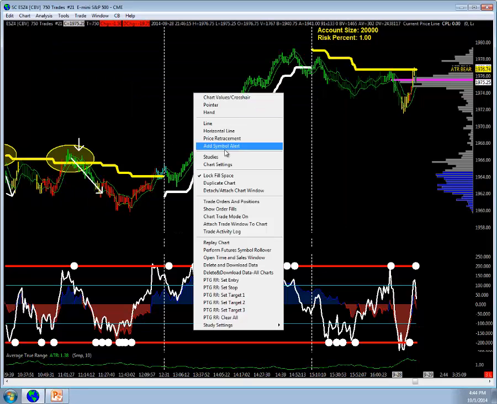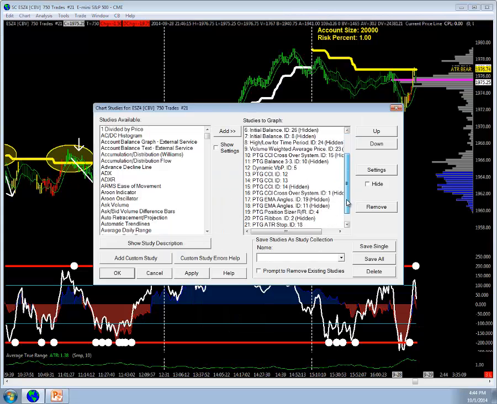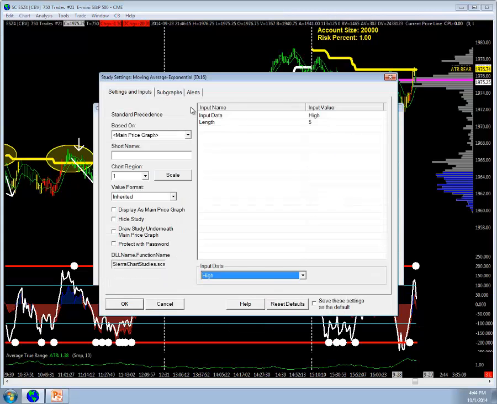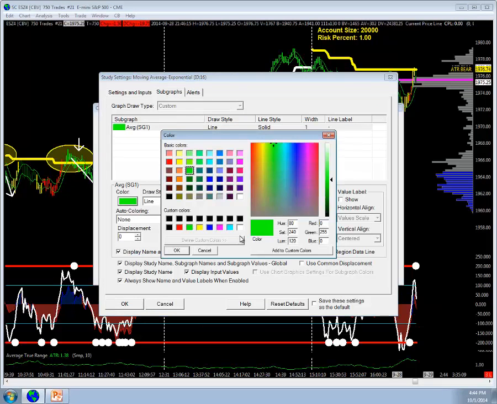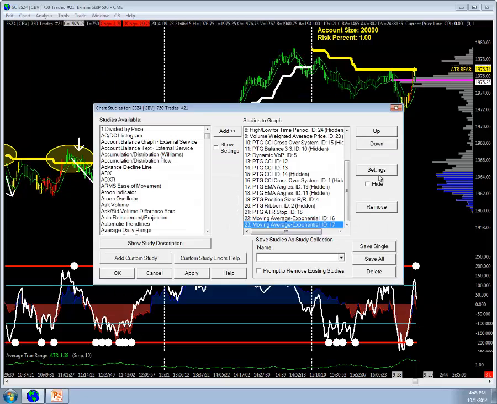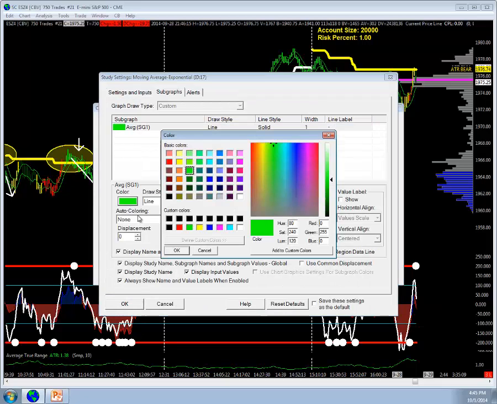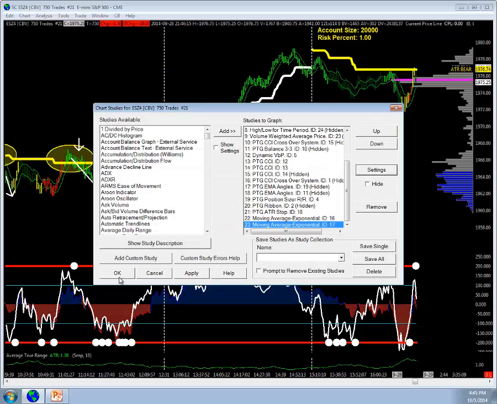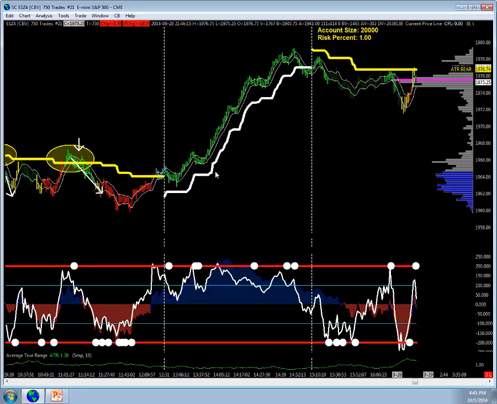Let me change the colors here so we can see them a little bit clearer. So after some experimentation, you can see the setting here. It's a moving average exponential, and again, a lot of what we use is our moving average exponential lines.